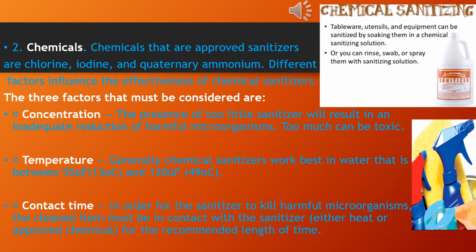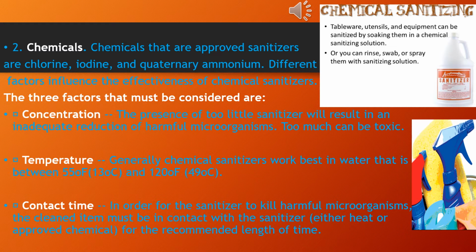Now let's go to chemicals. Chemicals that are approved sanitizers are chlorine, iodine, and quaternary ammonium. Different factors influence the effectiveness of chemical sanitizers. We have three factors that must be considered. First, its concentration.